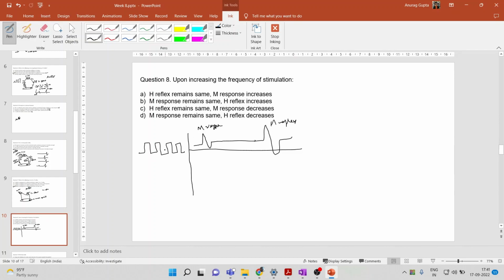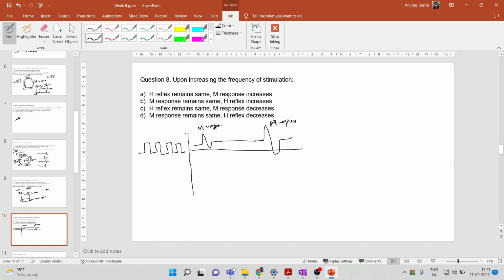Now, when the second stimulus comes in close proximity, let us recall that there is a synapse involved in the H reflex, and this synapse involves releasing of neurotransmitters, and there are chemicals involved. So that's a slow process, and then the neurotransmitter again needs to be taken back from the synapse into the presynaptic membrane, and then they need to be packed in vesicles. So this is a time consuming process.